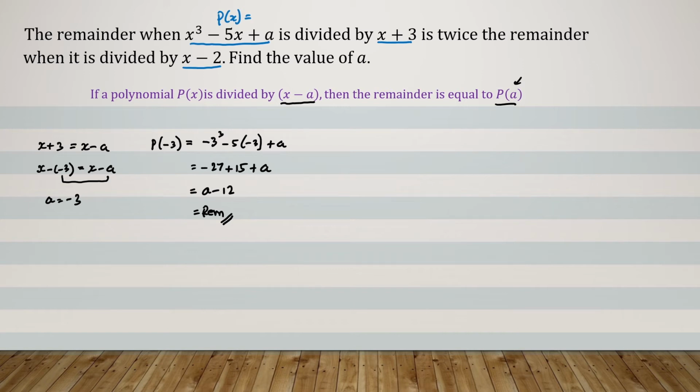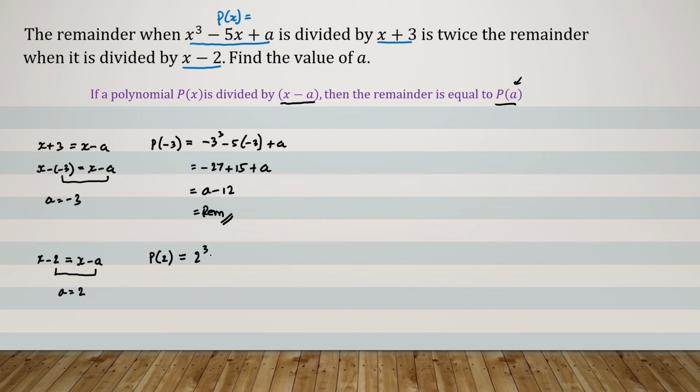Now consider the second divisor, which is x minus 2. We'll write that down. Compare that to the theorem, which states x minus a. And directly we can see that a equals 2 here. So we'll evaluate the polynomial at a equals 2. Substitute that number in.